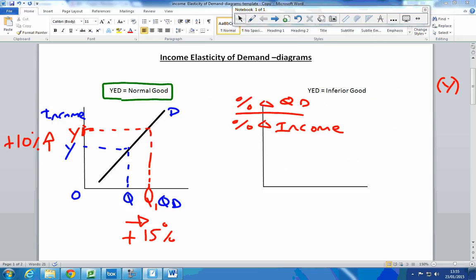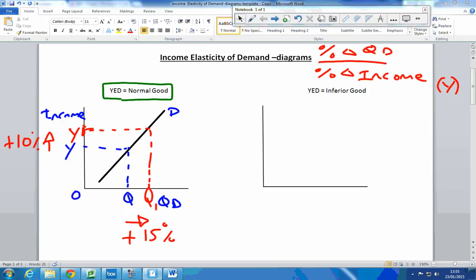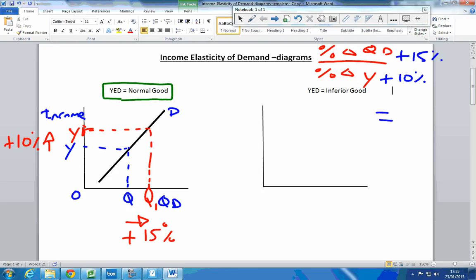Here's the formula. I'm just going to swap income for the letter Y, and the increase in income is a plus 10%, causing a plus 15% change in quantity, which equals plus 1.5.